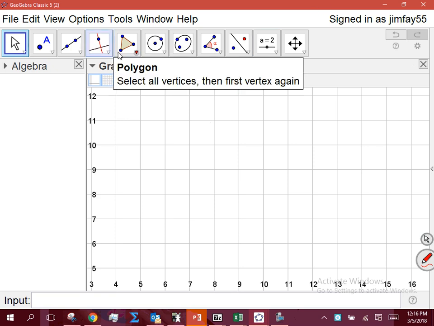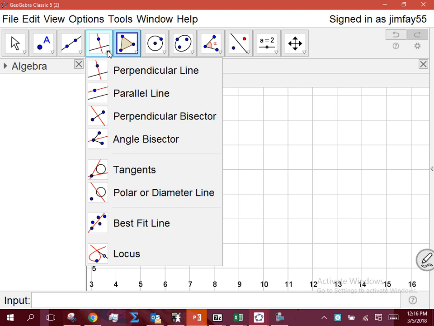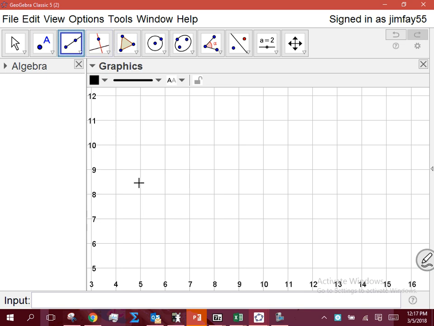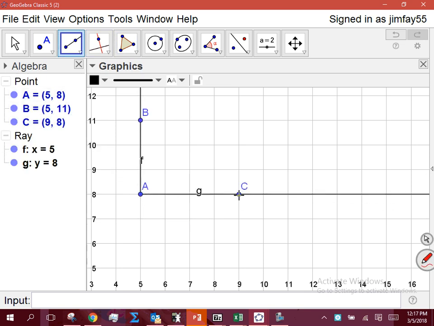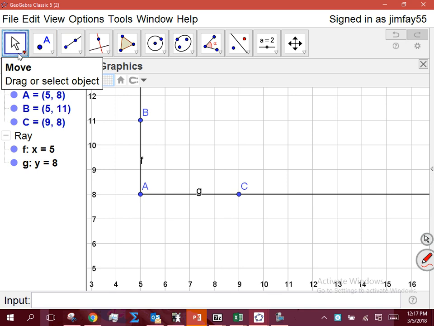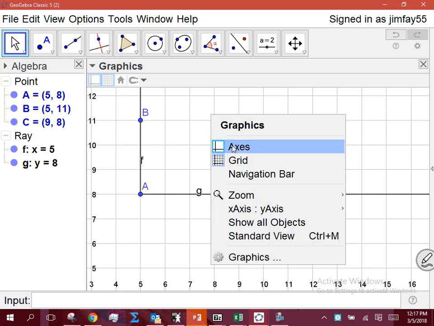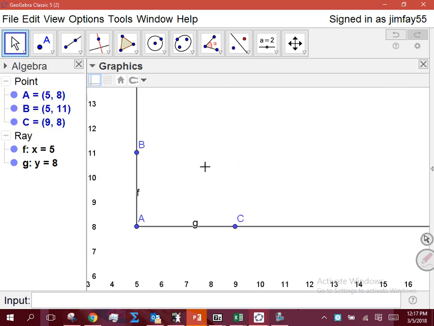What a lot of contractors will do is, let's say I have come up with some walls here. Right now we have kind of the bird's eye view of two walls coming together.